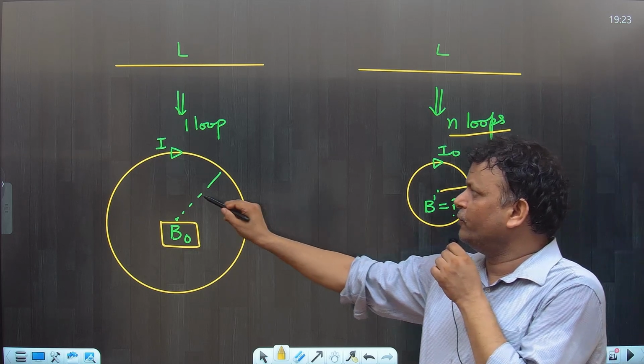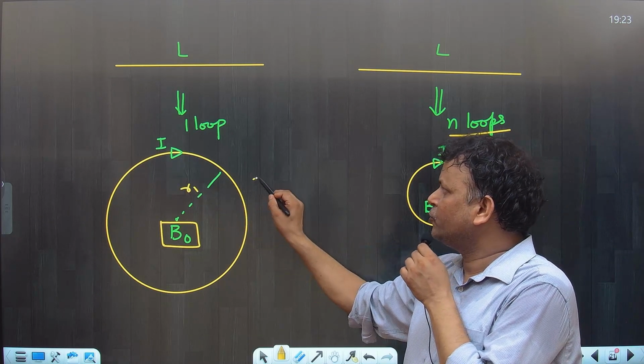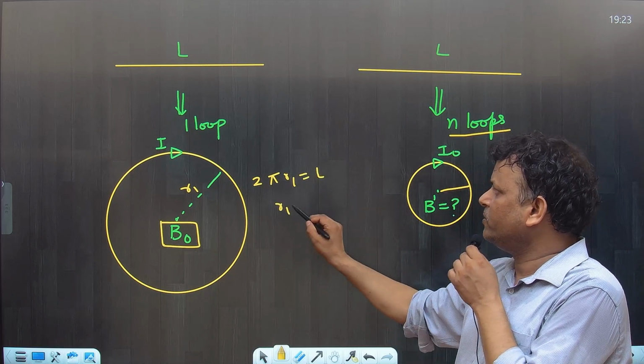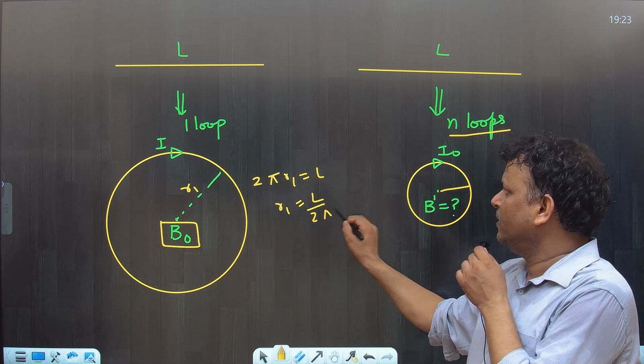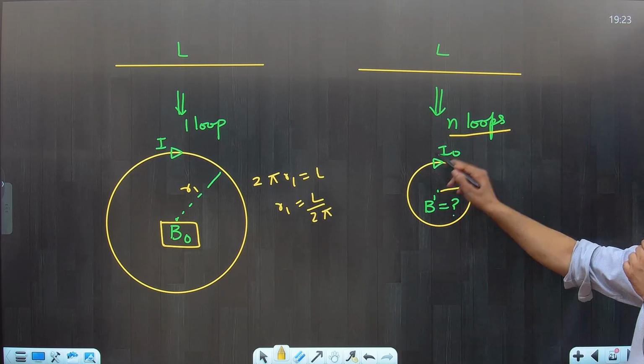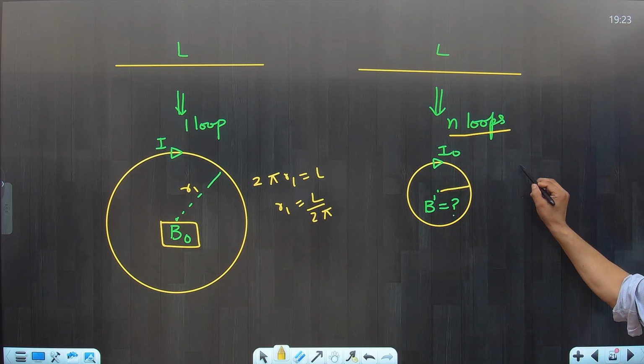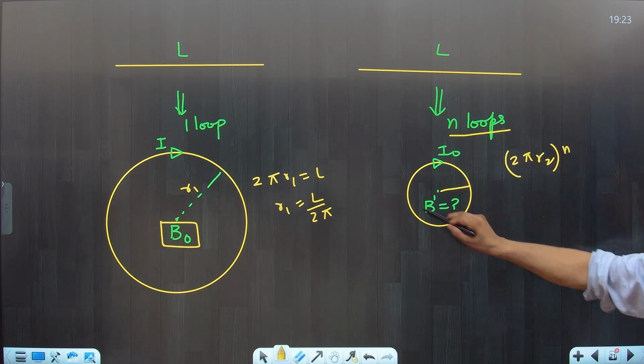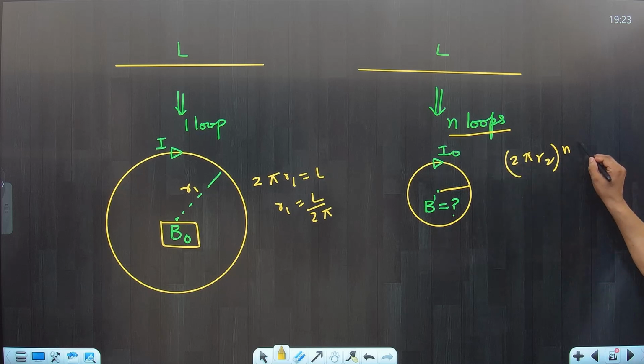In this case you will say 2 pi R1 was L, so R1 was L by 2 pi. In this case you have made n loops from that wire, so n times 2 pi R2 will be equal to L.